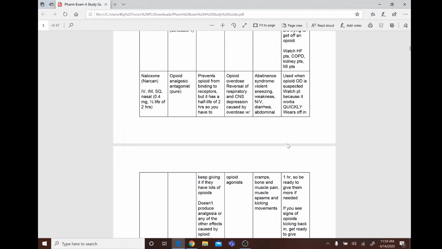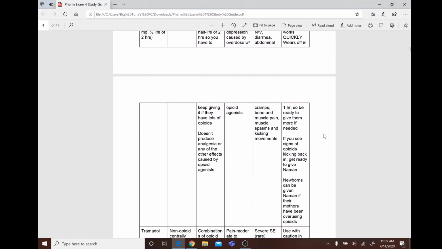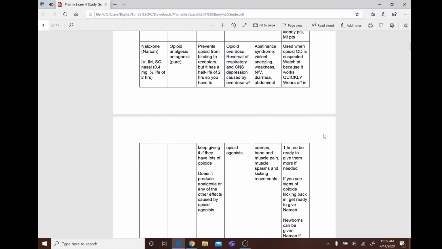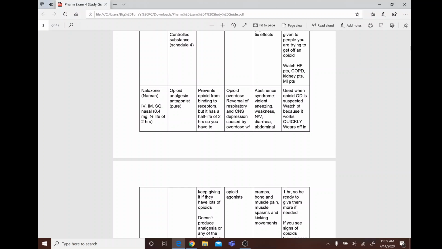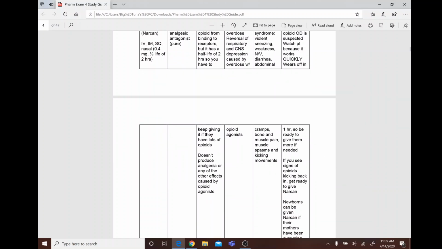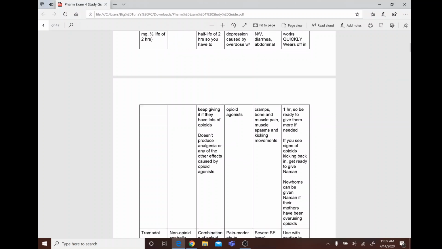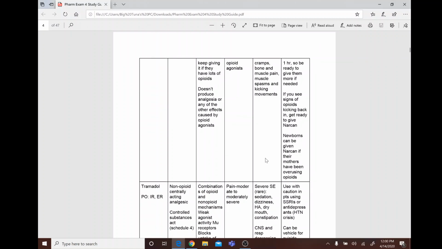What do we need to know about when someone takes naloxone? So it wears off quickly, so you have to be ready to give more or be ready to hold them down. And you give this to newborns too if their mothers have been using opioids as well.